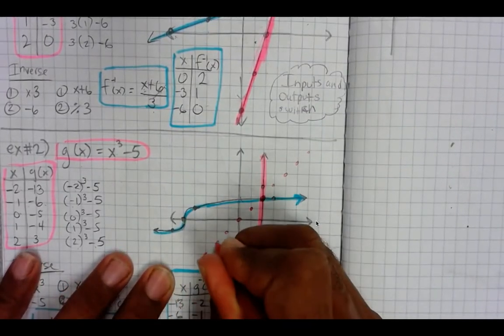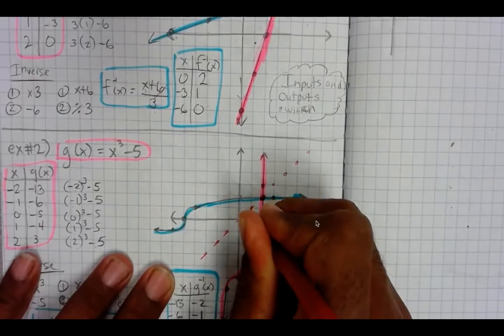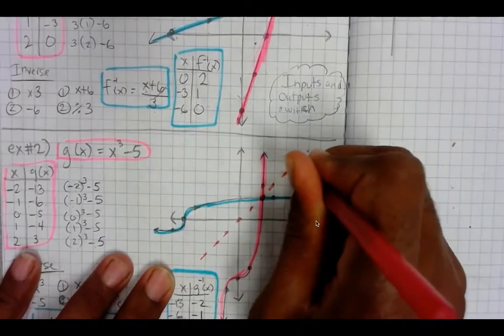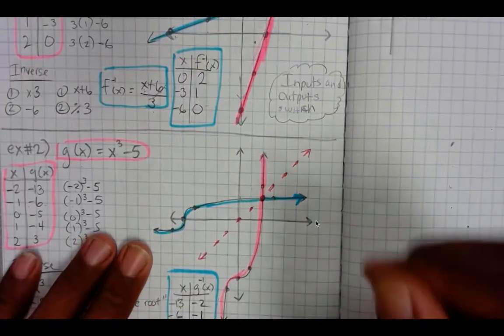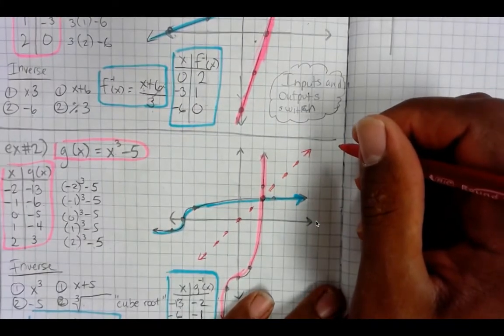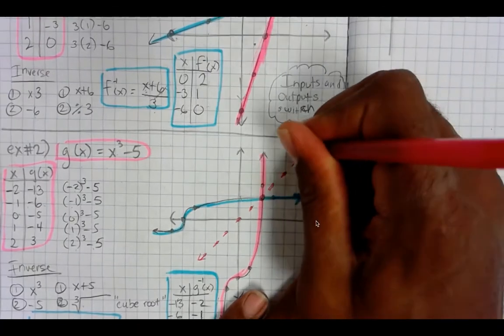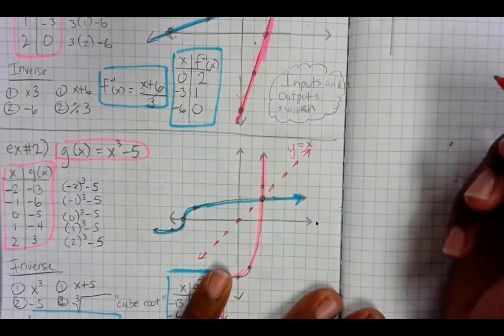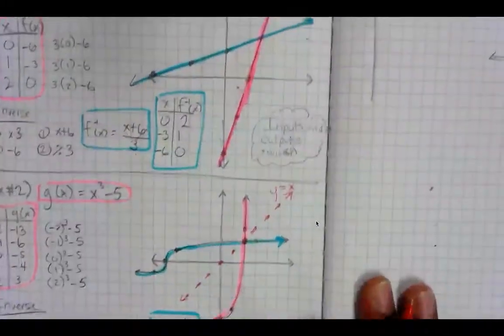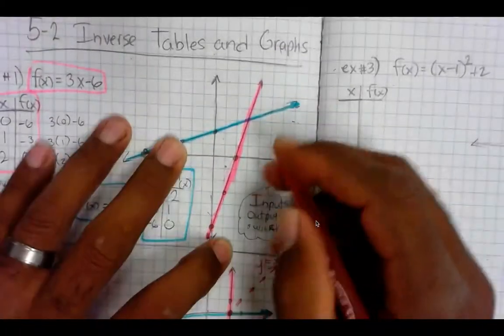Okay. Now, what I'm going to do is create a dashed line here. And what we call this is the line of reflection. Okay. What is the equation for that? Y equals x. Good. Slope is 1 and the y-intercept is 0.